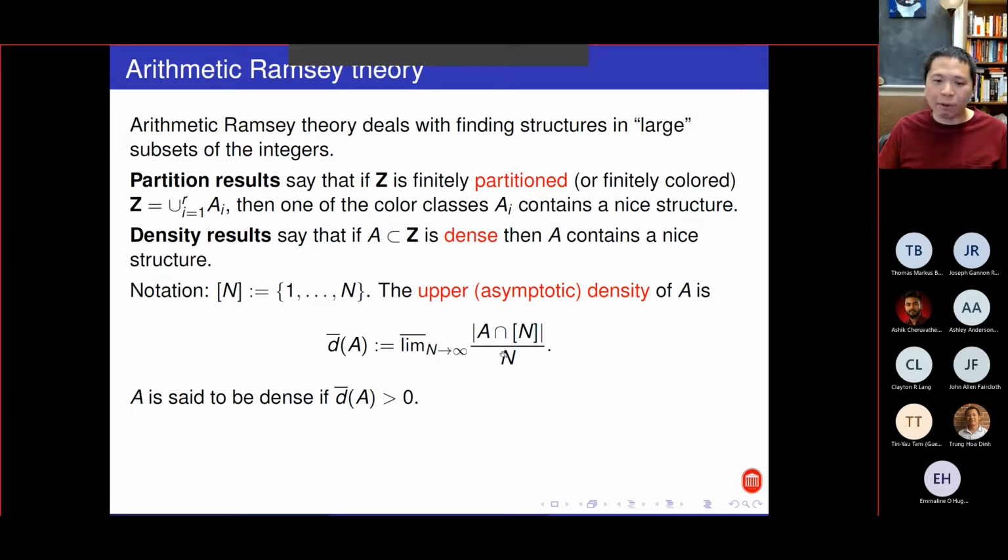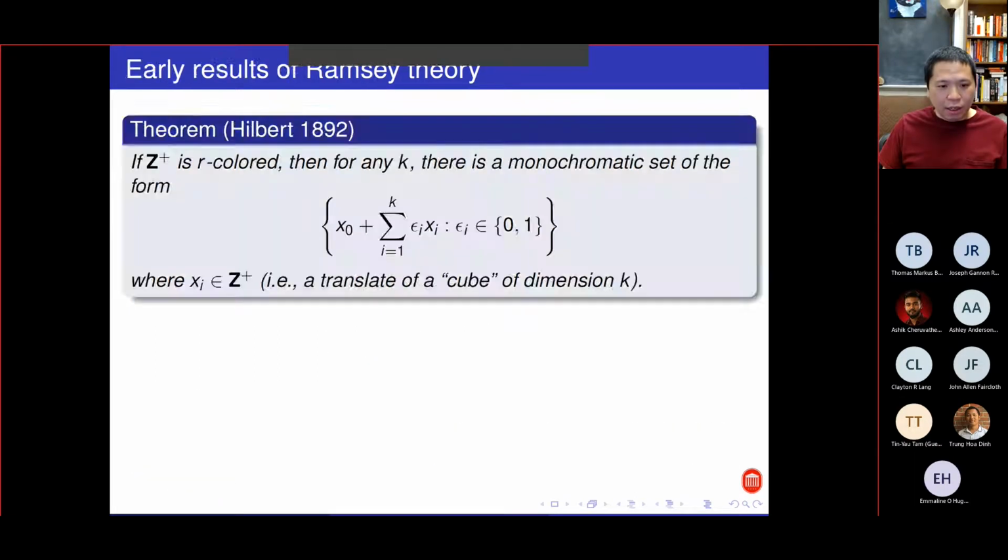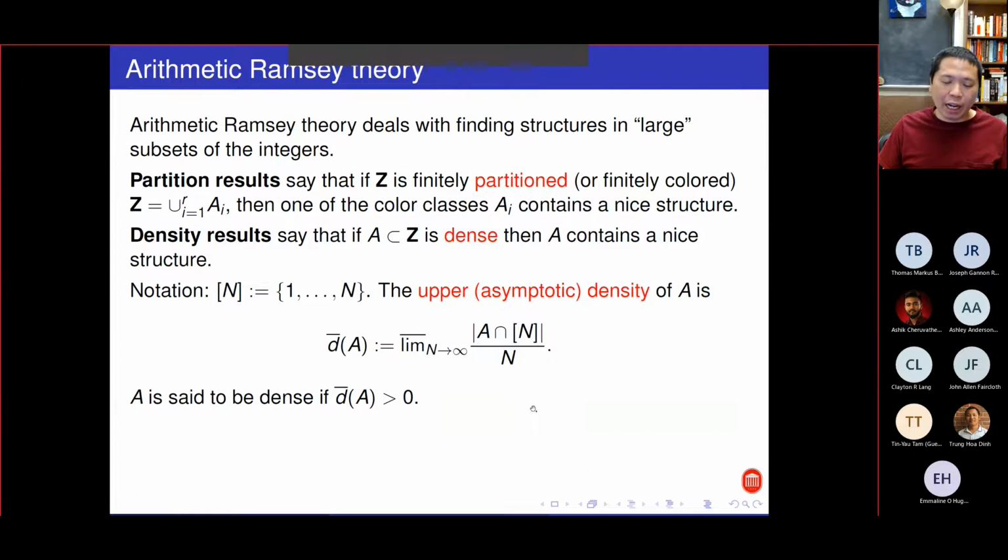And I say that A is dense if the upper asymptotic density is positive. So for example, all the even numbers have density 1/2, right? Because basically you can find an even number for any 2 integers.